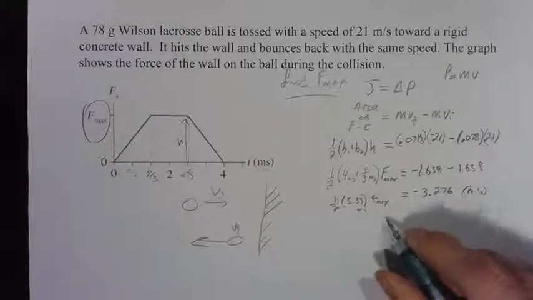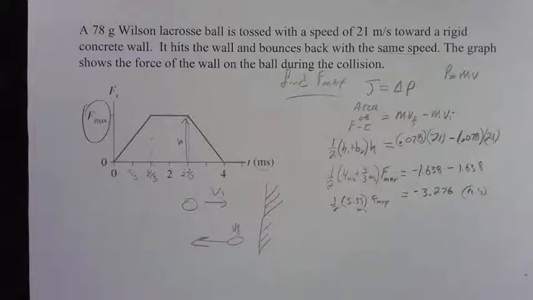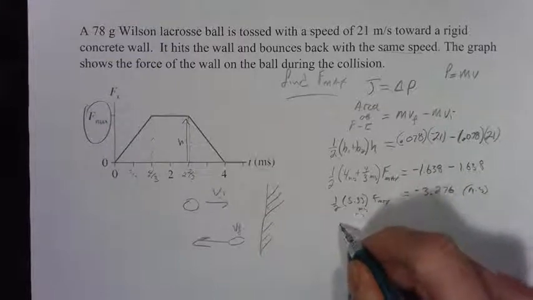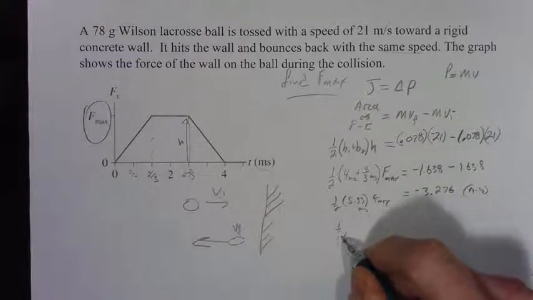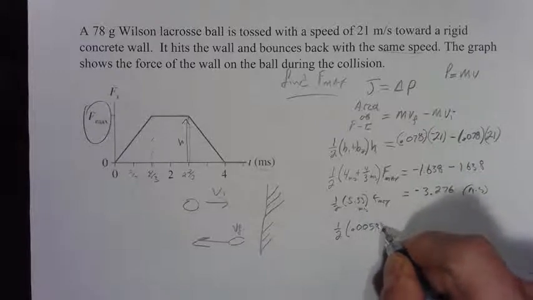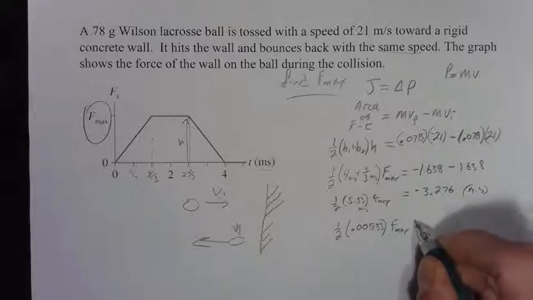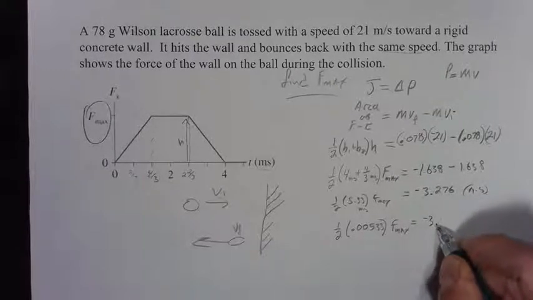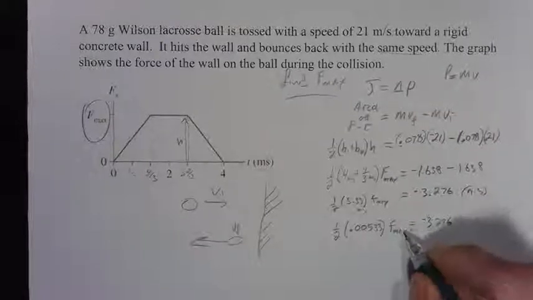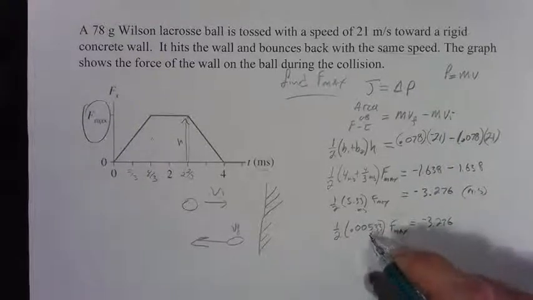We got to reconcile that. So we're going to convert milliseconds to seconds by dividing by 1,000. That's 0.00533. So we've got a half of 0.00533 F max, and that's going to equal our negative 3.276. Now we're all in seconds and seconds, so that's going to work out.